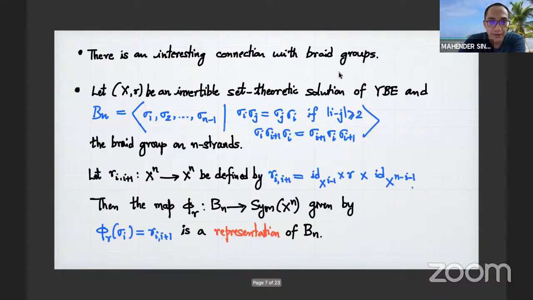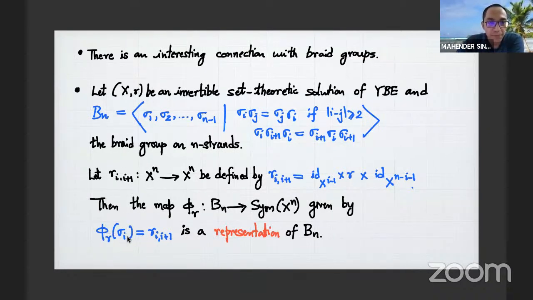So here is an interesting connection with braid groups, as one could have guessed. If (X, R) is an invertible set theoretic solution of the Yang-Baxter equation, and let's say B_n denotes the braid group on n strands, then I set R_{i,i+1} as the map from the n-fold Cartesian product of X to itself which is identity on the first i minus 1 components and identity on the last n minus i minus 1 components, and is R on the i and i plus 1 components.